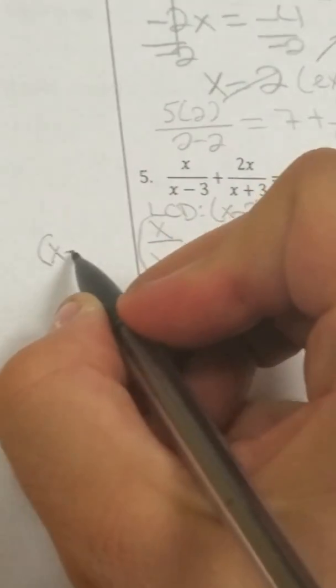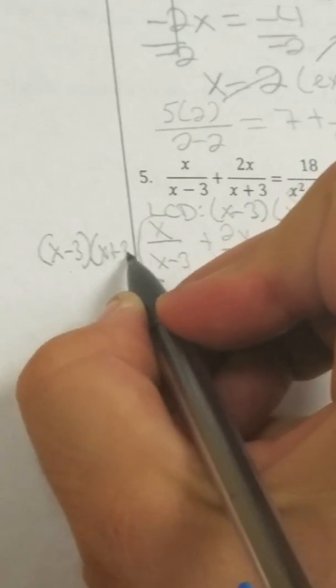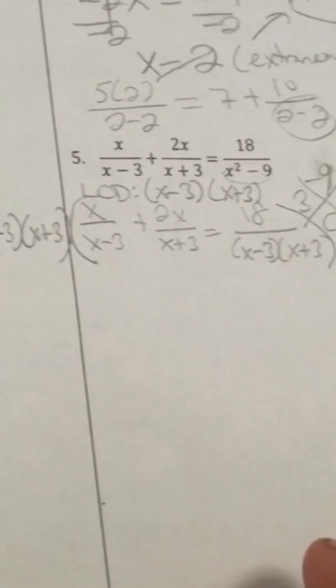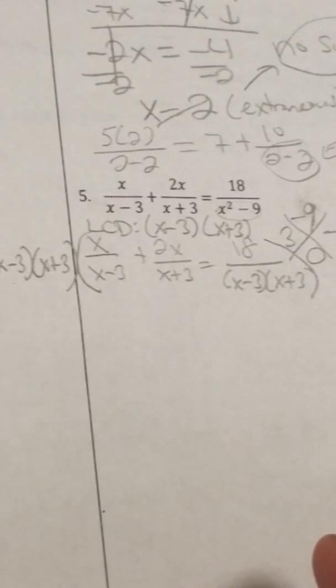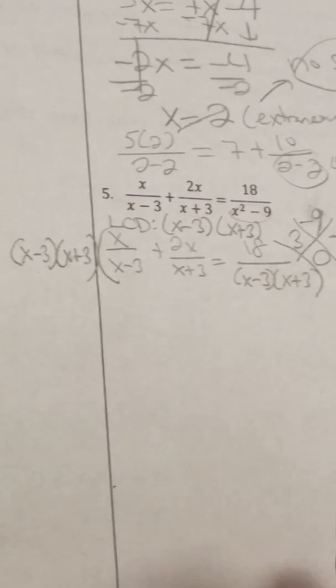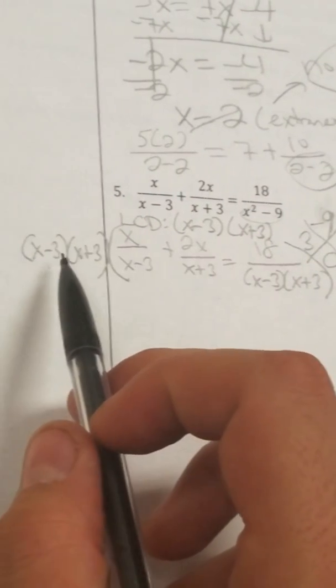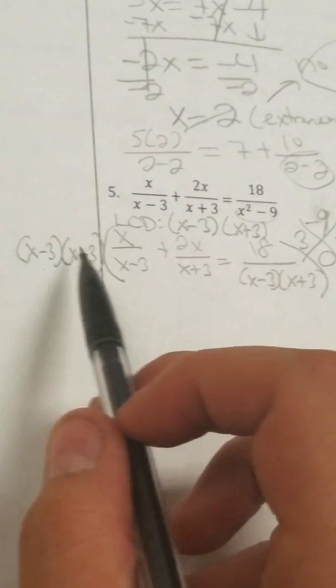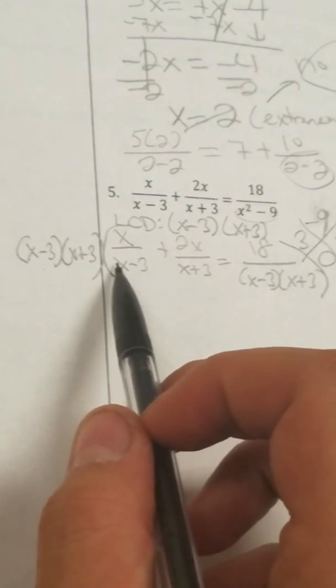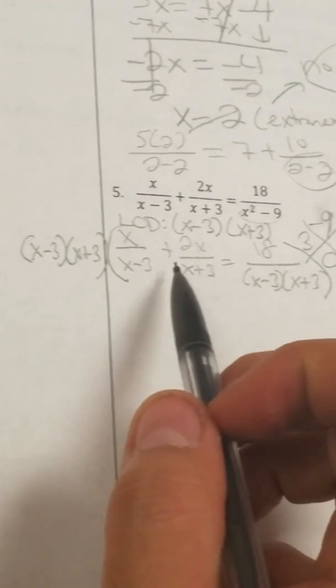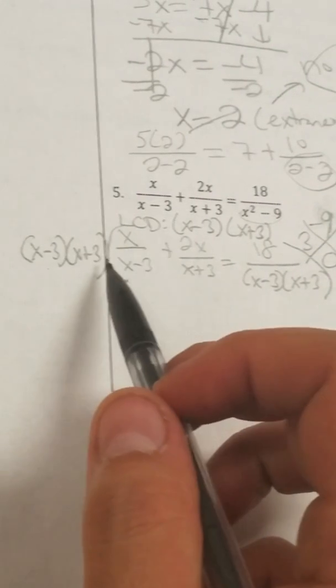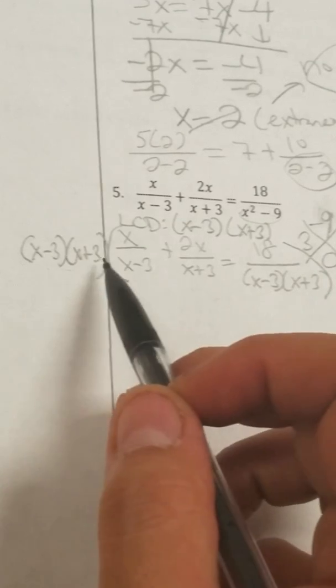So x minus 3, x plus 3. All right, so now when I multiply this against this guy, notice that the x minus 3's cancel, okay? So the x minus 3's cancel here, and the x plus 3's cancel here. All right, so you just got to be very careful here. So I'm going to rewrite this so that you know how I distribute this, okay?